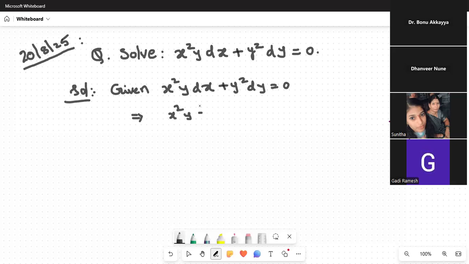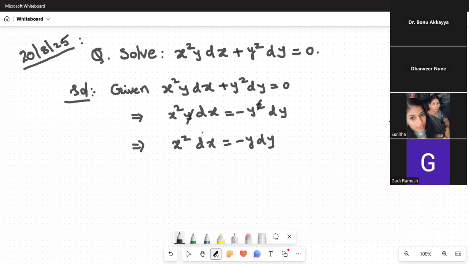For this, take this term into the right hand side, minus y square dy. So clearly, this term completely comes into variable separable form. If you see, this y cancelled one time, then what it gives: x square dx is equal to minus y dy.